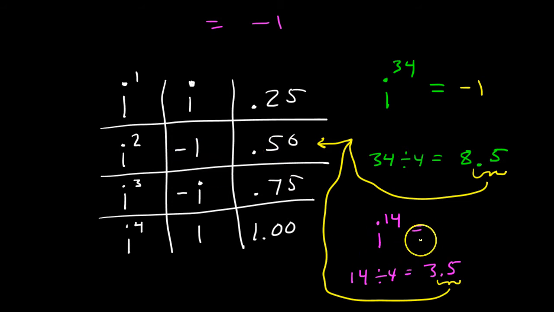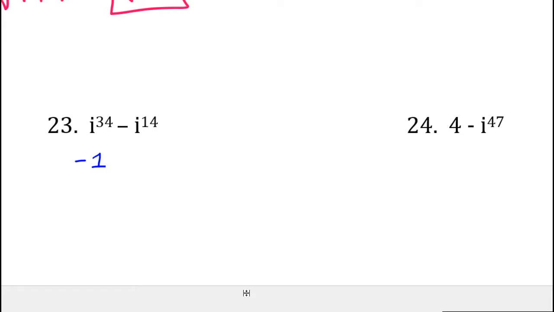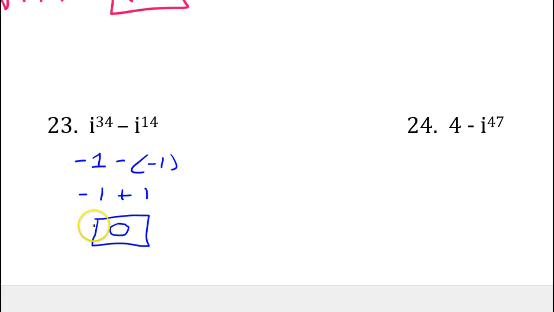So again, that means that this is negative 1. So what I really have here is negative 1 minus negative 1. Minus a negative is addition. So this is really negative 1 plus 1, which of course is 0. So the answer to number 23 is 0.